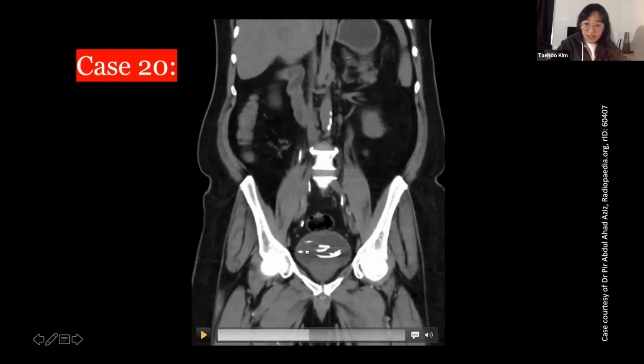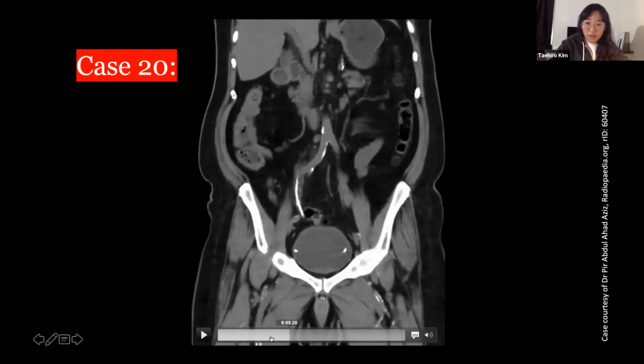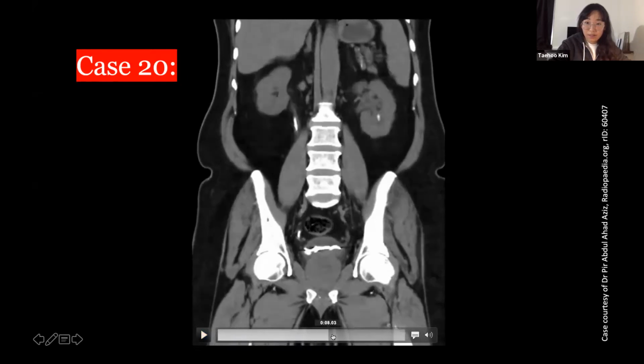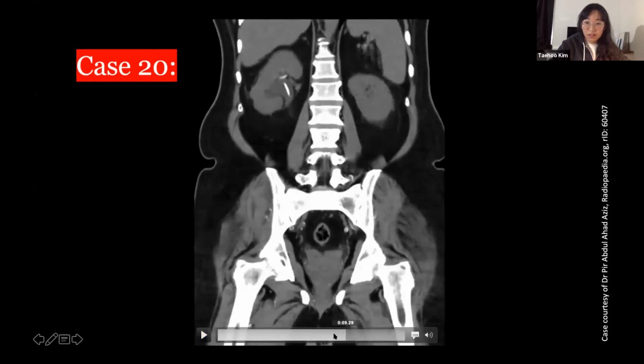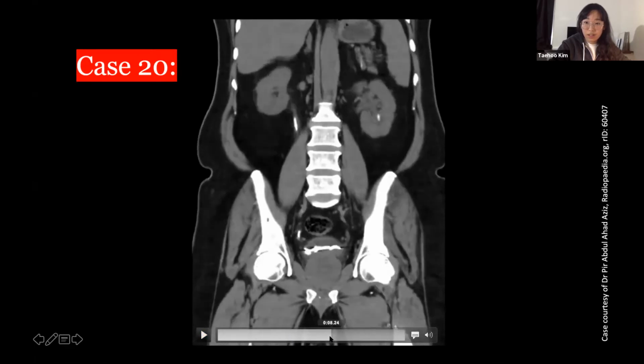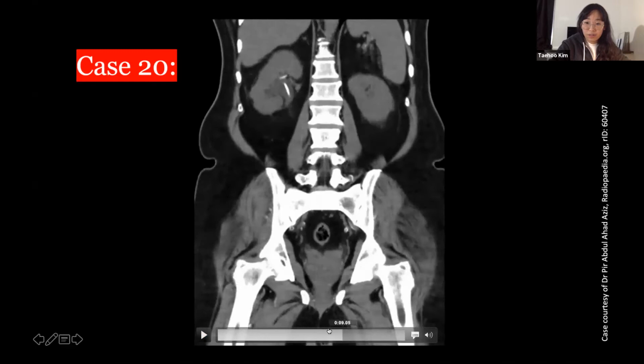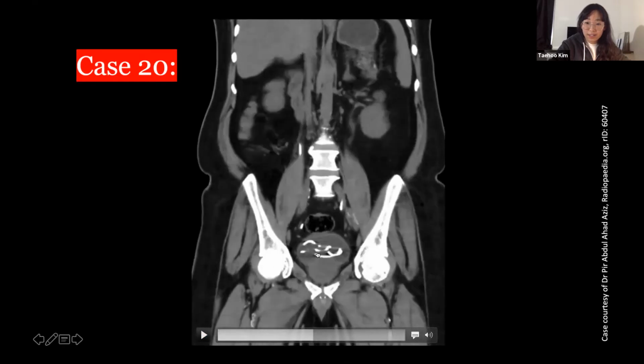And you see another thing that's coiled up in the bladder. And if you go check the left kidney, you don't see the double J. This is just a calcification or stone. So good job. That's a double J that's migrated here.